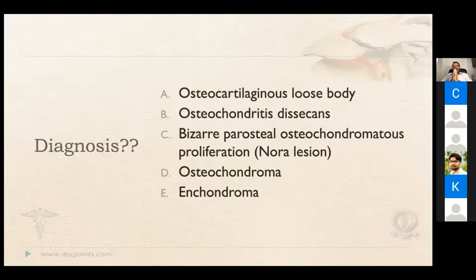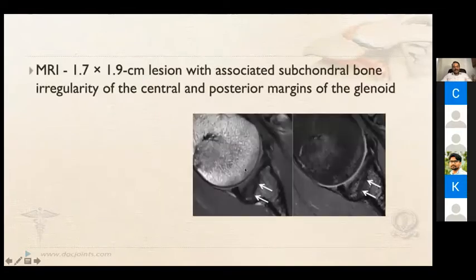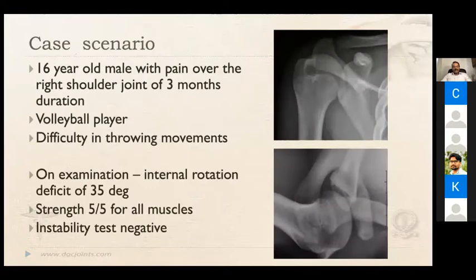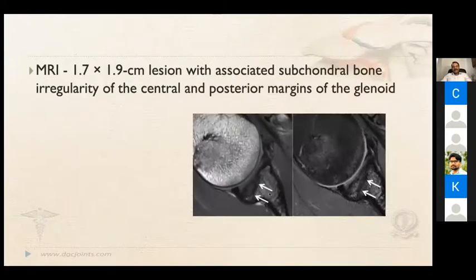Is it a loose body? Is it osteochondritis dissecans? Is it a Nora lesion? Is it osteochondroma or enchondroma? Osteochondroma. Okay. Is there any difference of opinion? You want to see the images again? That is the X-ray. Is that an osteochondroma or something else?